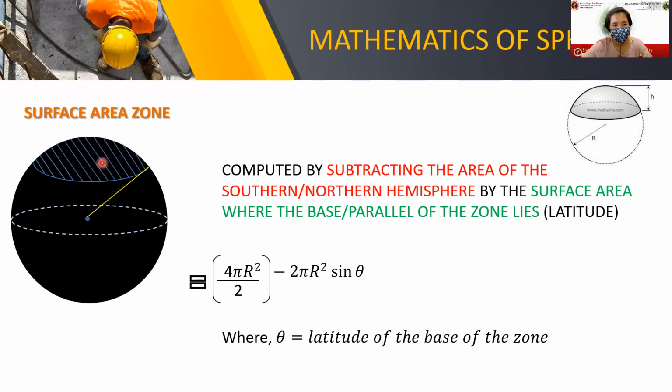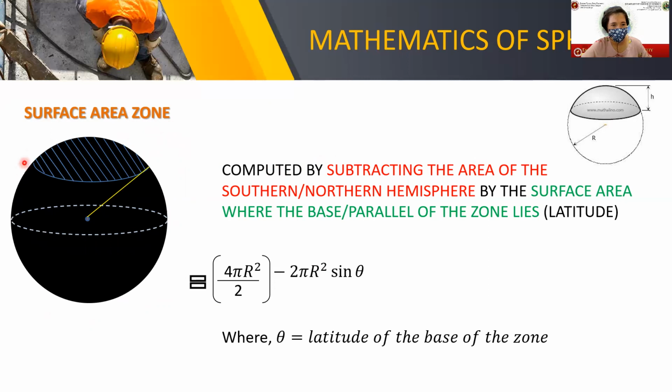So how are we going to compute the surface area of just this part, not the whole sphere? It can be computed by subtracting the area of the southern or northern hemisphere. So this is the whole sphere. This is the southern portion, this is the northern portion.